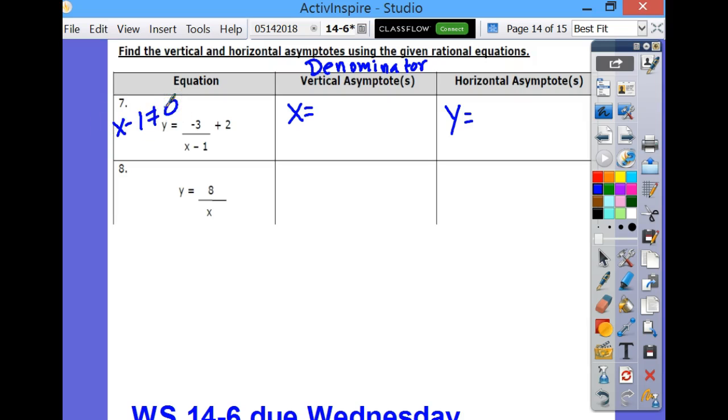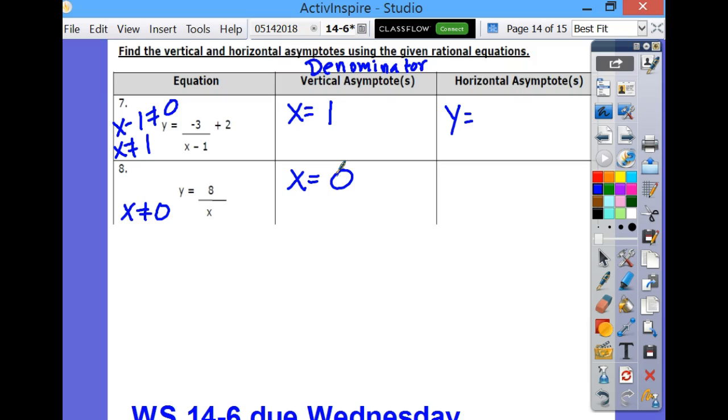That cannot be equal to 0. If I solve that out, x cannot be equal to 1 because that's where the asymptote is. X cannot be equal to 0 because that's where the asymptote is.